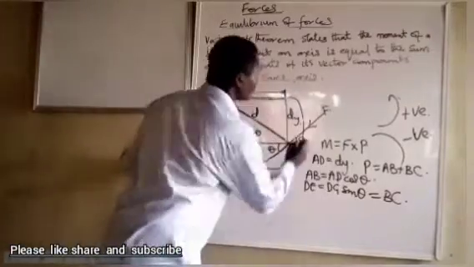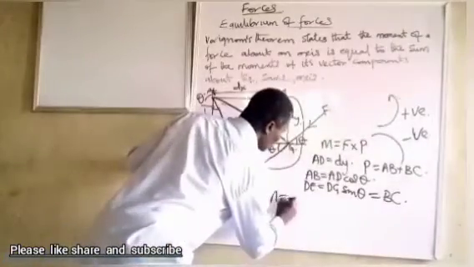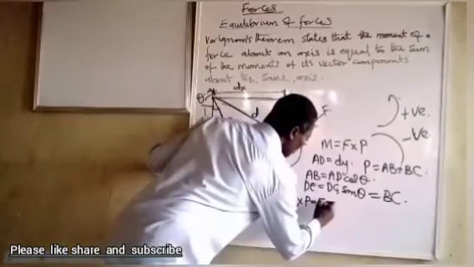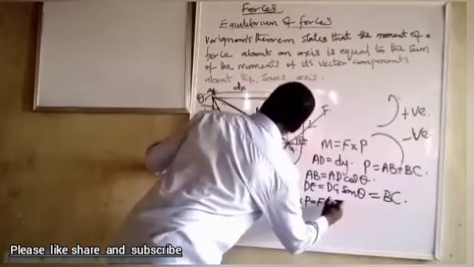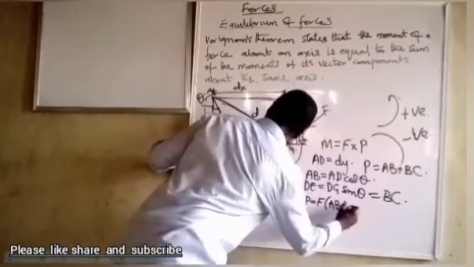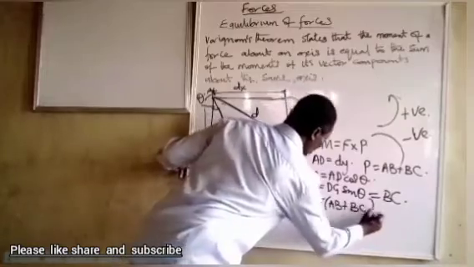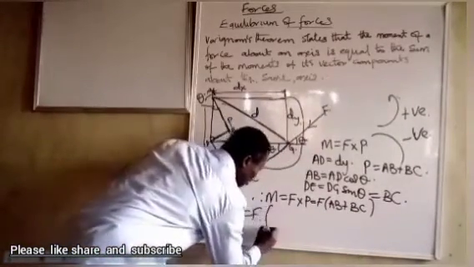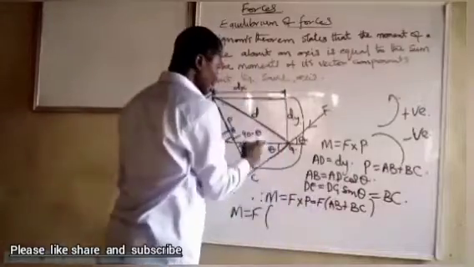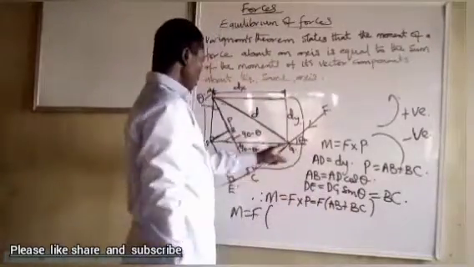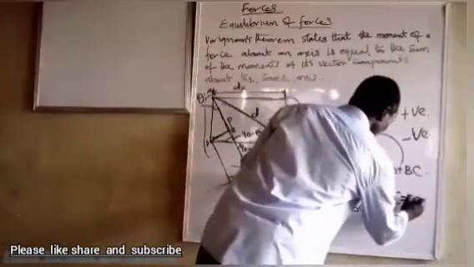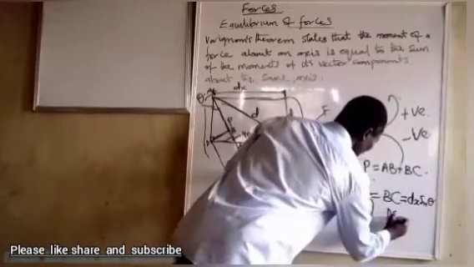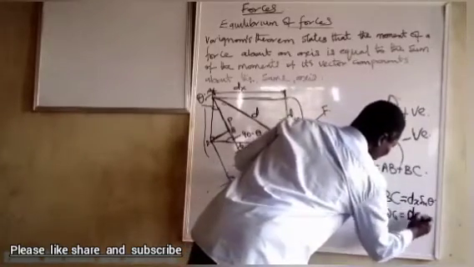Therefore, N is equal to F times P, which is equal to F into AB plus BC. N will be equal to F into, and please, DG is equal to DX. DX sine theta, because DG is equal to DX.